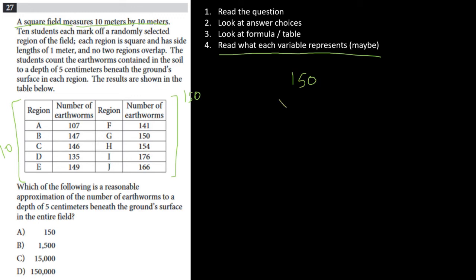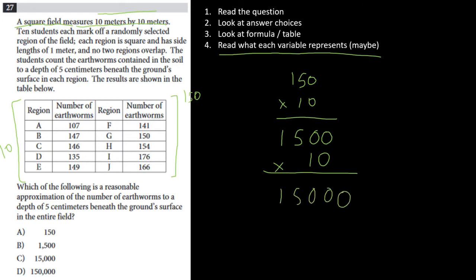There's about 10 of these. 150 times 10 is 1, 5, and then you just simply add 2 zeros. And then from here, since it says it's 10 by 10, I have to multiply again by 10. And the trick with these tens is that you just add one more zero. So it'd be 1, 5, 0, 0, 0. If you see 3 zeros, then you make 3 zeros. So the answer here would be C.